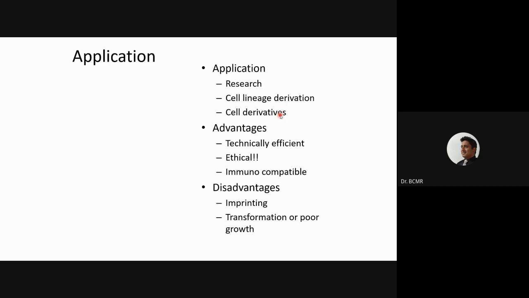The advantages are that they are technically efficient, they are ethical enough, at least, and most importantly, they are immunocompatible. And immunocompatible because if we take the gametes from the person to whom we want to give these cells, then the donor is the same person, and therefore they are immunocompatible.